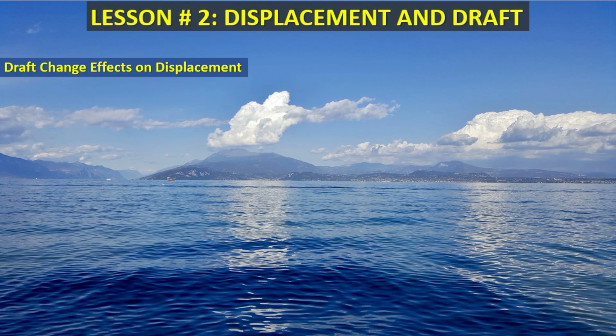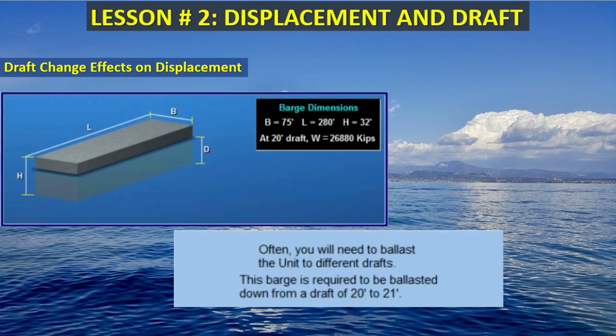Draft change effects on displacements. Often, you will need to ballast the unit to different drafts. This barge is required to be ballasted down from a draft of 20 feet to 21 feet.